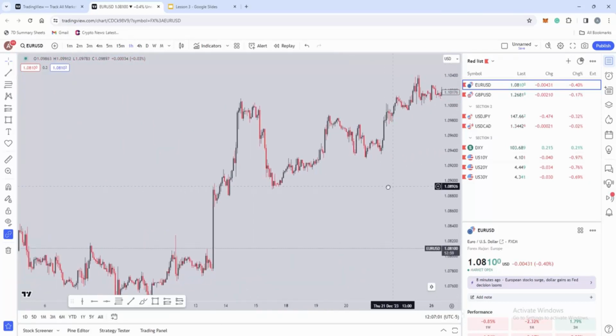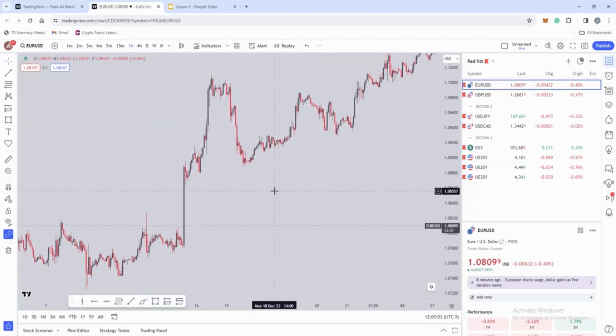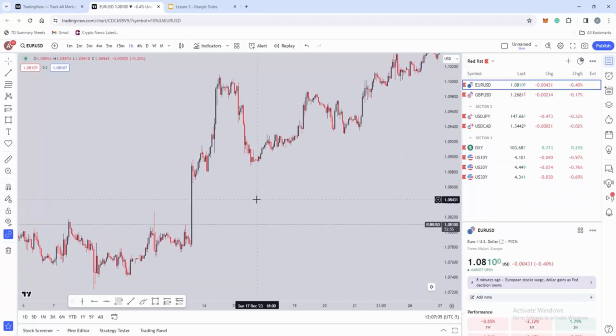Now let me show you what bullish market structure looks like. And that's the last thing today. So this would be our low, and this would be our high. And if you remember, in bullish market structure, we're looking for higher lows and higher highs.